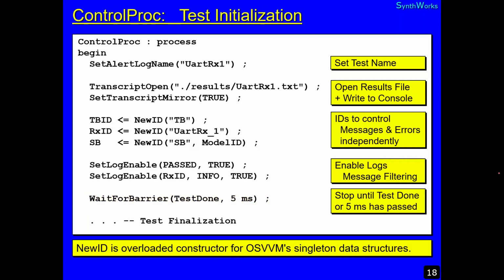All right. You'll note that new ID here is an overloaded constructor for OSVVM singleton data structures. Right now, we're calling it from within the processes. We're making a small adjustment to the language that will allow us to do it in a declaration also.